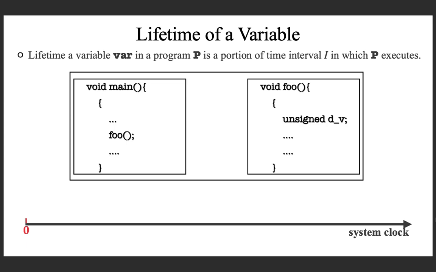Now during the functioning of the computer, suppose this program is executed and assume that the program P starts executing at time instant M and it executes and later terminates at time instant N. So this is the time interval of execution for the program P. When I say time for execution of the program P, I mean time for executing the main function in the program P. Now we know that here the main starts and after some time the main is calling the function foo.